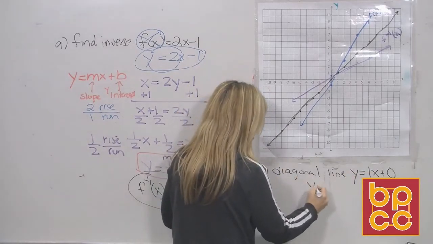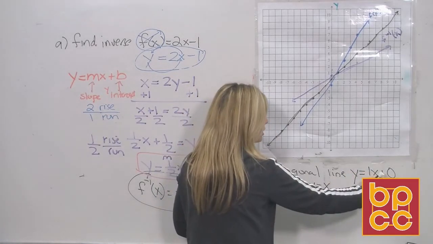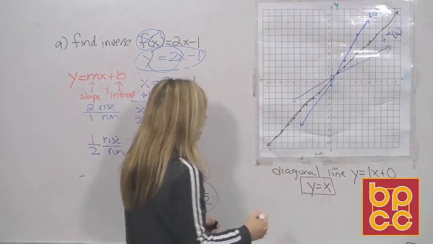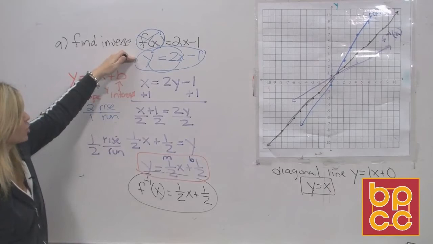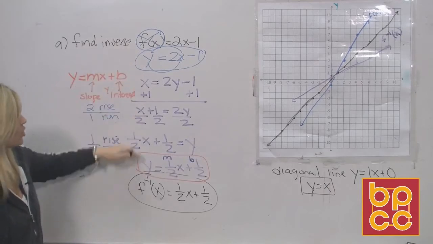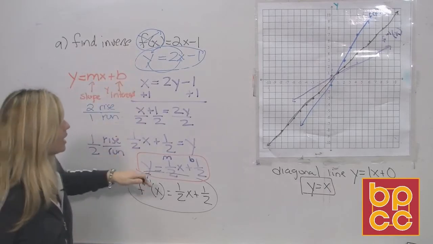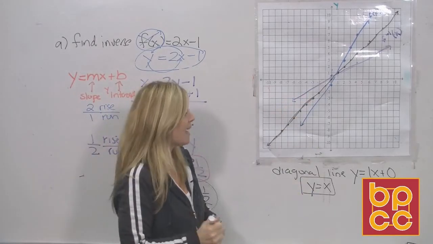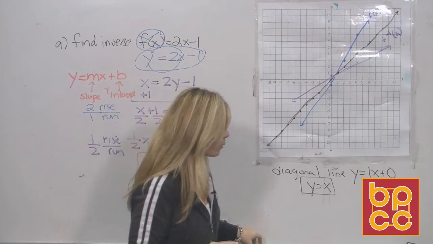No. So we can write y equals x. And in algebra, is adding 0 going to change this? No. So we would say every time you graph a function and its inverse equation, every time you draw a picture of them, they will always have diagonal line symmetry, y equals x. And that's important.